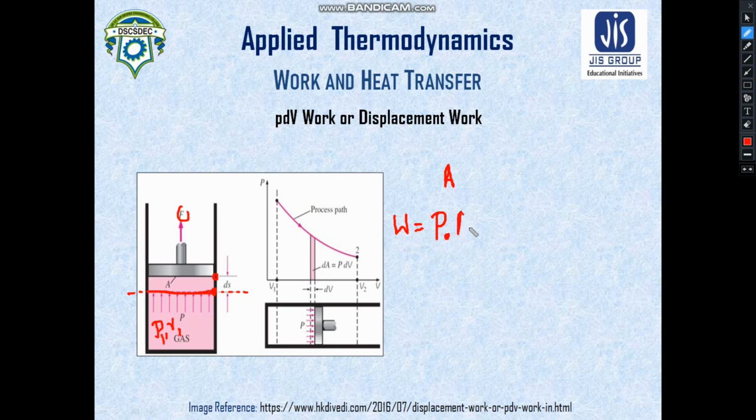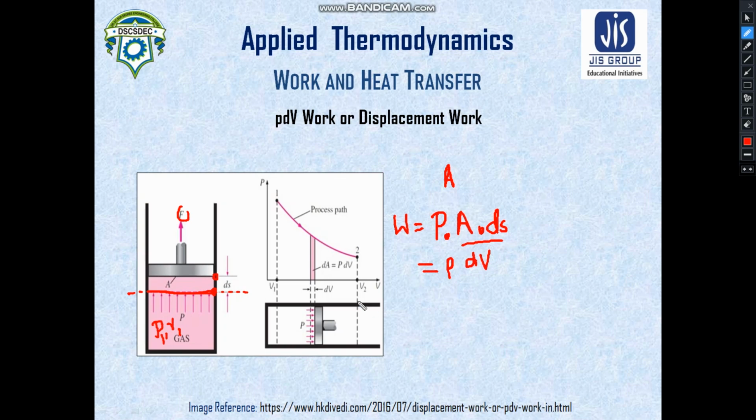So from the definition of work we know, pressure into area refers to the force, and you need to know the amount of displacement. The amount of displacement is already given to you, it is ds. Now A into ds refers to dV.